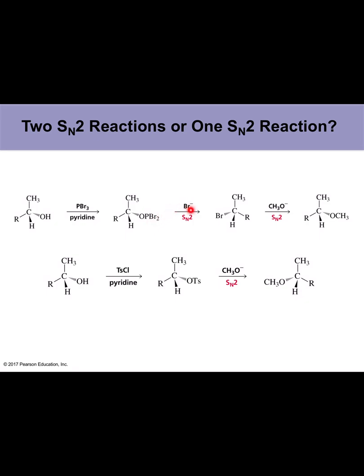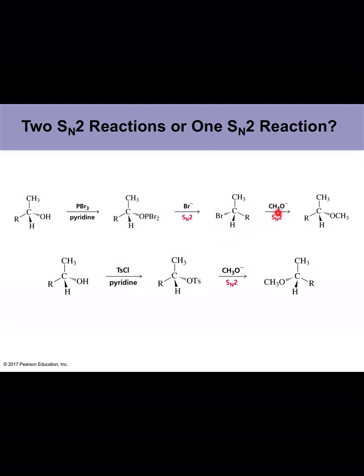Once it's been activated, bromide is going to do the backside attack on the carbon because it's an SN2 reaction, and then this group leaves. So then you will see inverted configuration. Bromide is on the opposite side from the alcohol. That's what we should expect for an SN2 reaction.